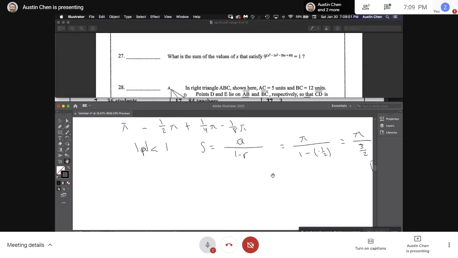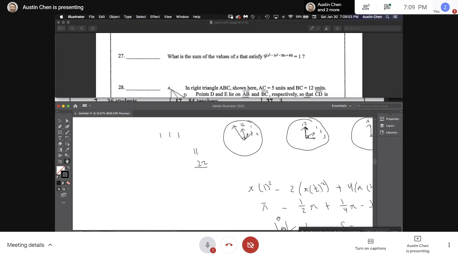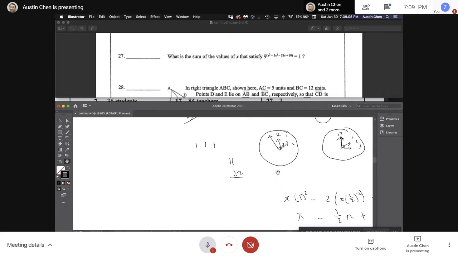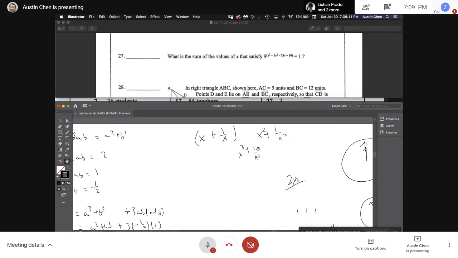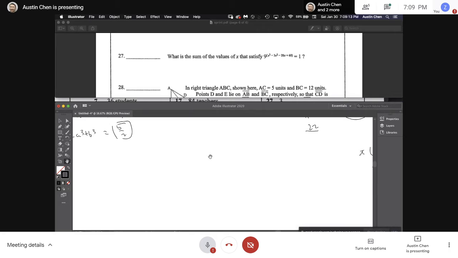Number 27. What is the sum of the values of x that satisfy 9 to the power of x cubed minus 3x squared minus 28x plus 60 equals 1? If we just think about 9 to what power equals 1, then the power must be 0, correct?